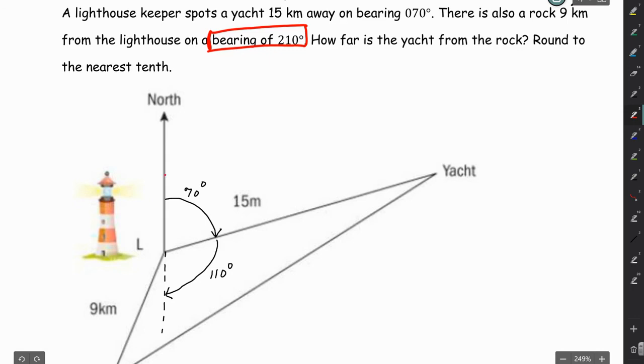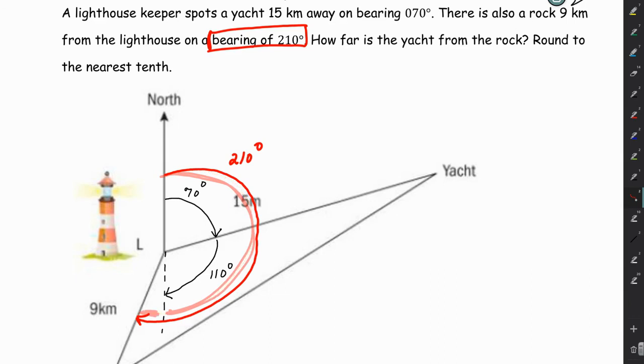A bearing of 210 degrees. So this is 210 degrees. Now, from here to here, remember, is 180 degrees. So this little piece right here is 210 minus 180. So 210 minus 180, that's 30 degrees.